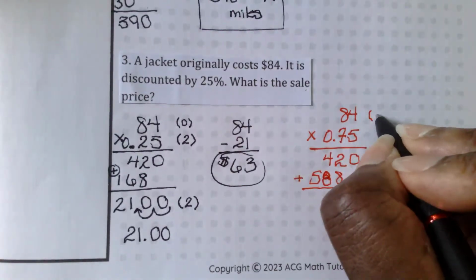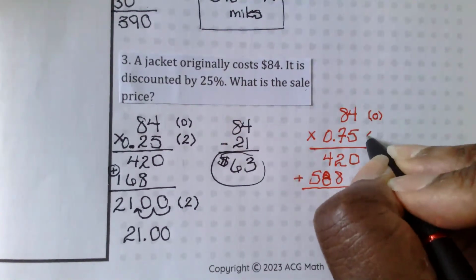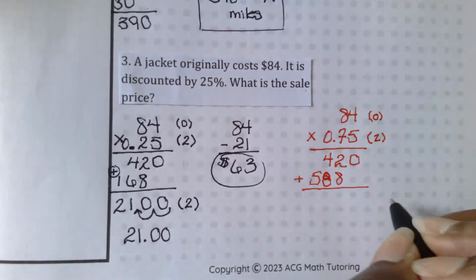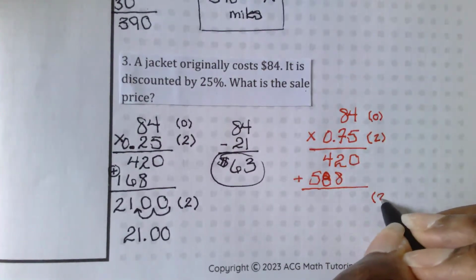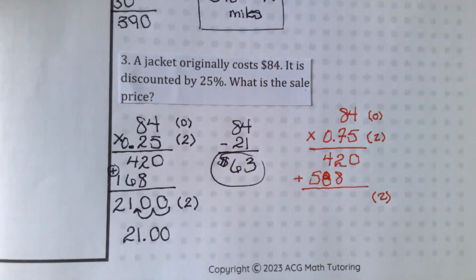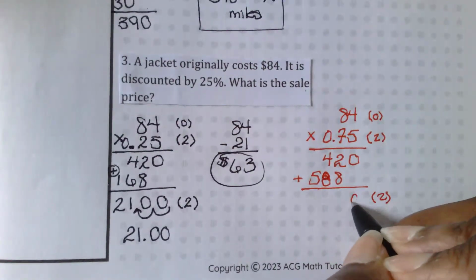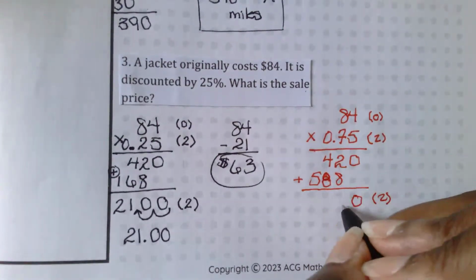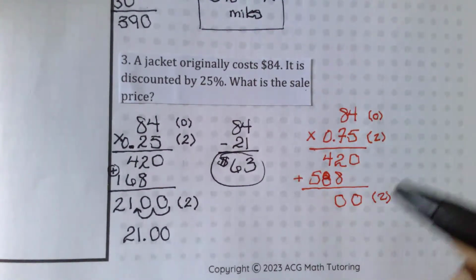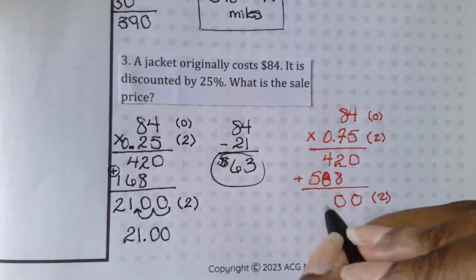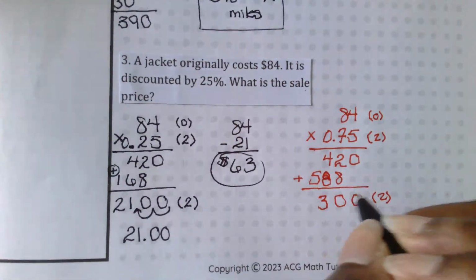So again, this has 0 decimal places. This has 2 decimal places. So that means our answer needs to have 2 decimal places. So let's take a look. Bring our 0 down. 2 and 8, that's 10. Carry the 1. 4 and 8, that's 12 plus the 1 gives us 13.